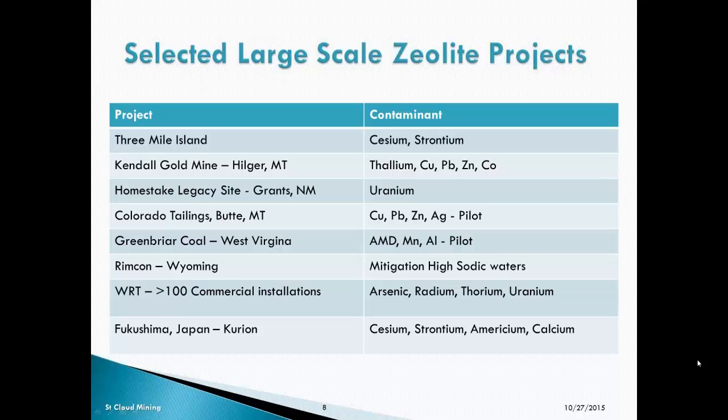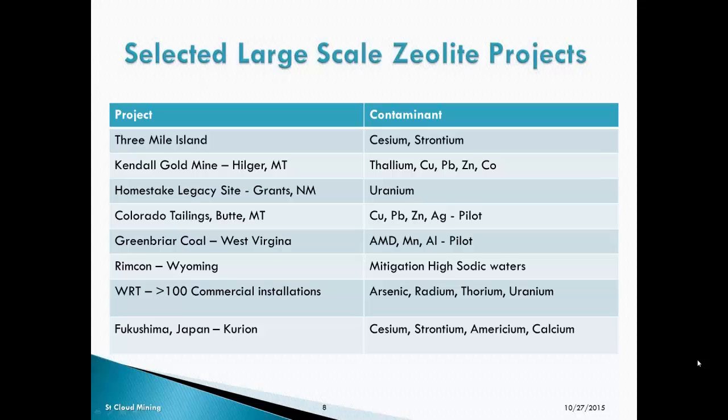A partner company, Rimcon, also used the zeolites in Wyoming to mitigate high sodic waters. WRT, also a partner company, has over 100 commercial installations across the United States to remove arsenic, radium, thorium, uranium from municipal drinking water.